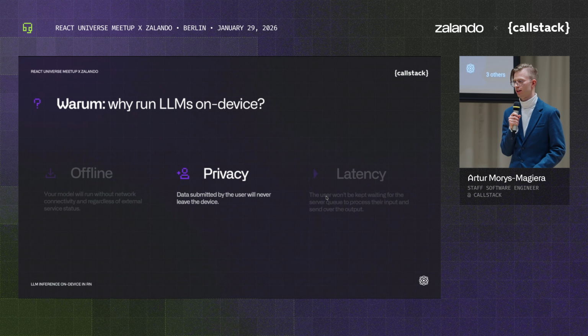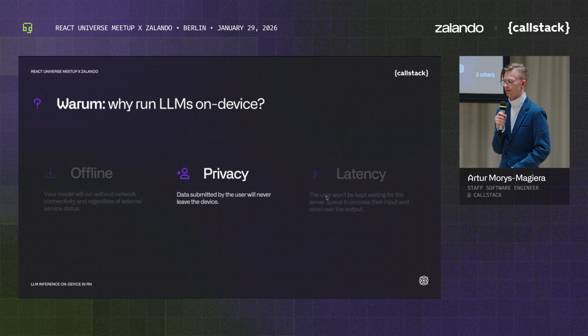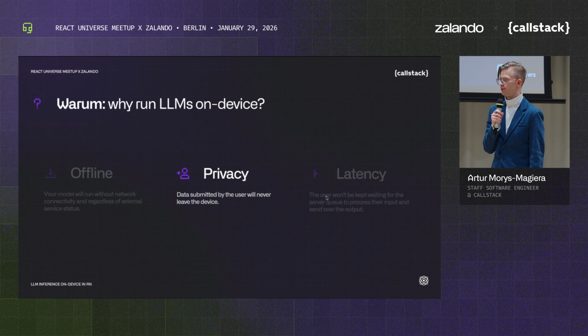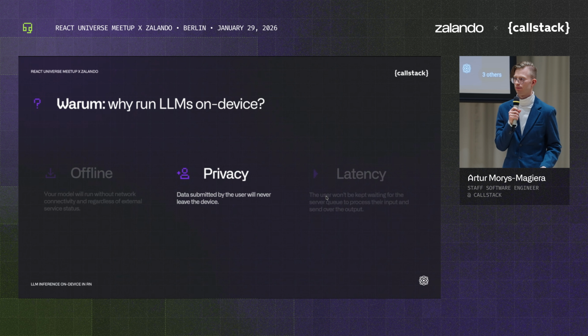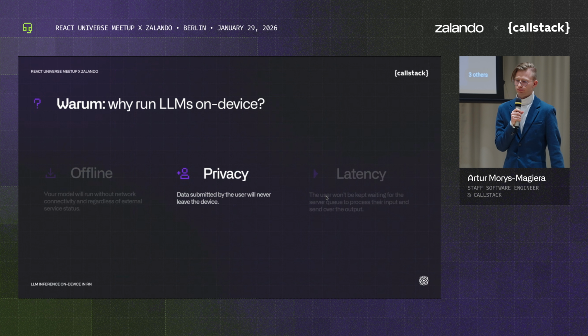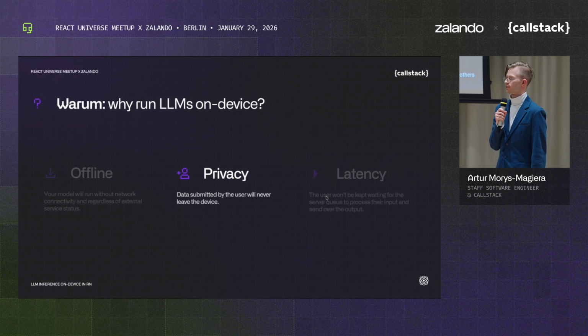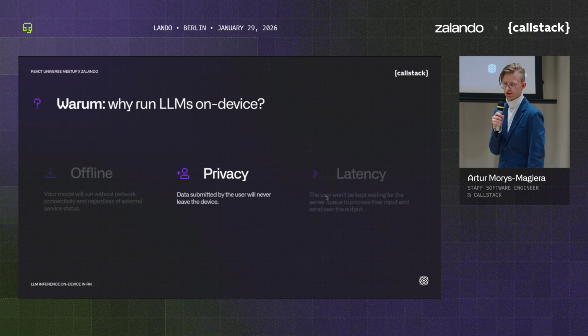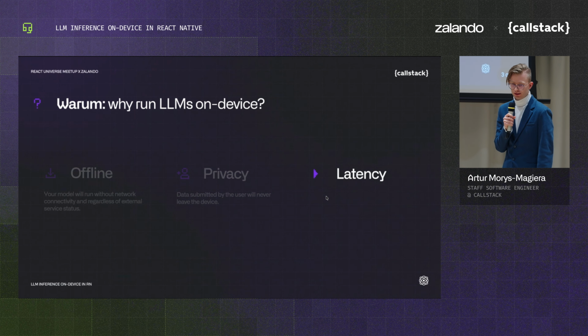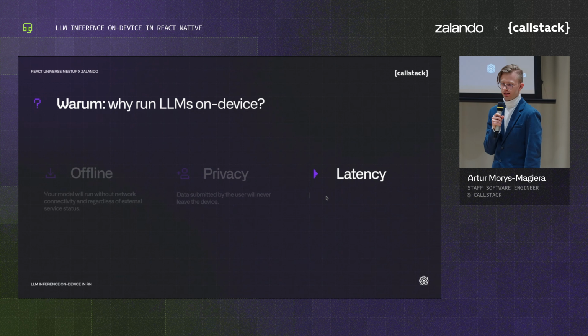We don't send it over the network, so we don't get the implications of dealing with a third-party service provider that runs the inference and processes the data, at least for some time, once we send them. And also, we don't send the data through the network, so we don't need to worry about this layer of security.